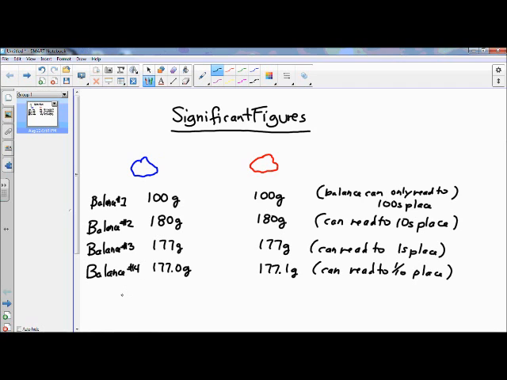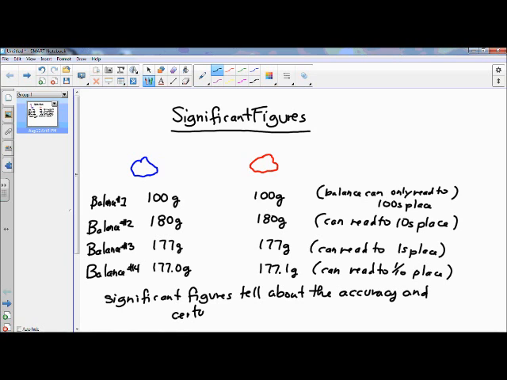It's important for you to understand that the idea of what we call significant figures tell us about the accuracy and what we call the certainty of the numbers in a measurement.